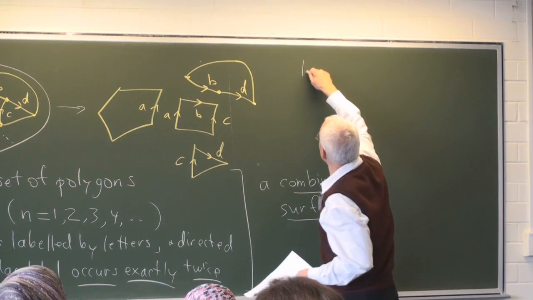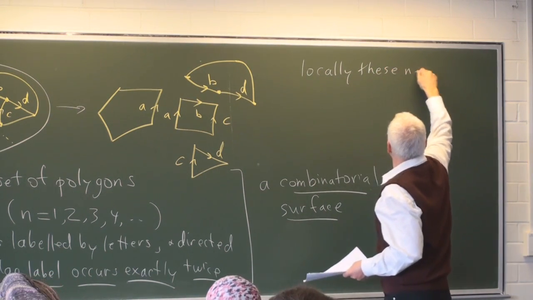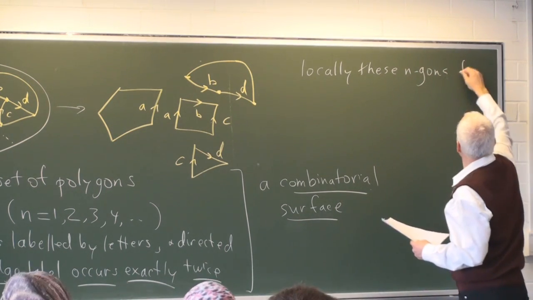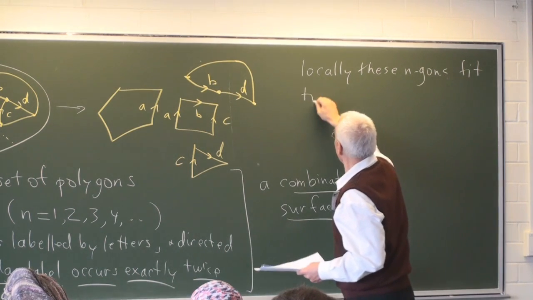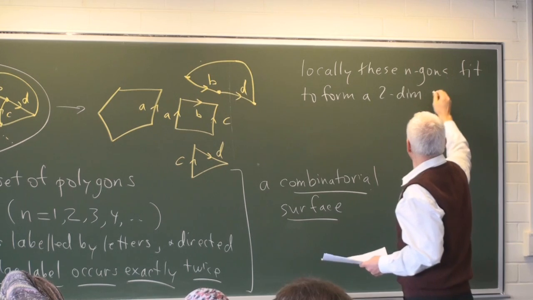Now locally, these n-gons fit together to form a two-dimensional surface.